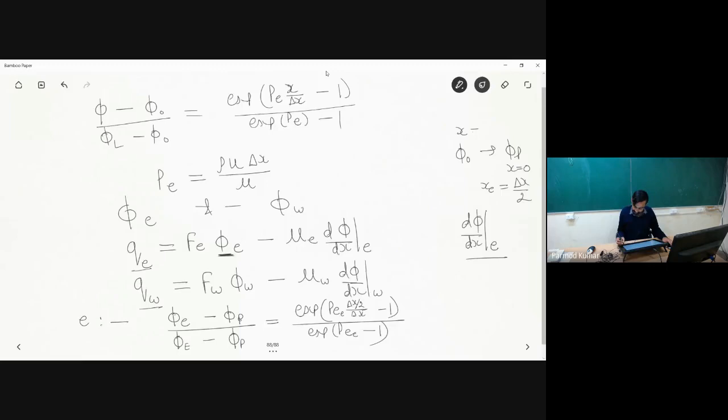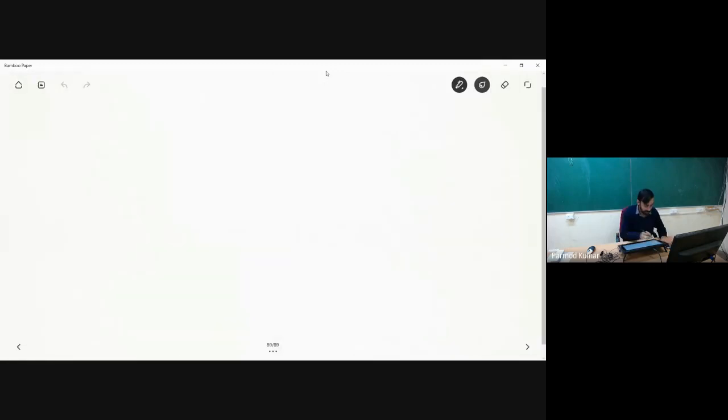Similarly, while you are doing the calculations for W phase, what will be my equation? Can you tell me now? It will be phi at W minus phi W divided by phi P minus phi W equal to exponential of Peclet number.